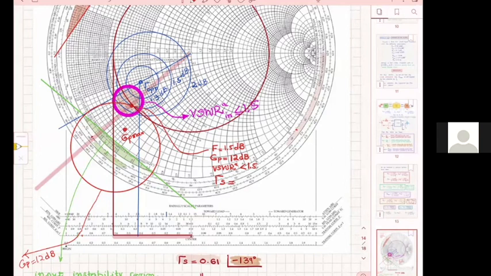So the minimum you can do is, could you remind me again, 1 dB noise and how much gain? Greater than 10 dB gain. Okay, so I will go for the highest noise and the lowest gain. Because if you go higher than your highest possible noise, you have failed the design.